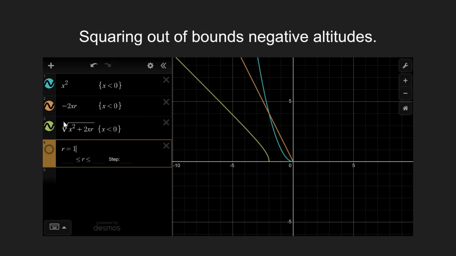That is this square root of x squared plus 2xr when x is less than 0. And if we look at the terms inside, for example, the x squared term in blue, and the negative 2xr term, which is here. Now, observe this is positive in the square root, but we're going to get to why I listed it as negative here.